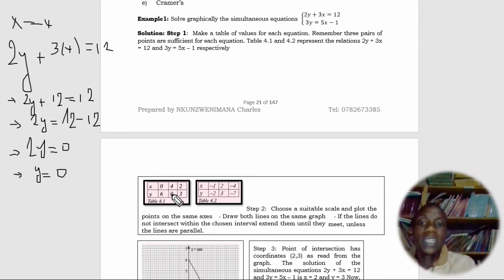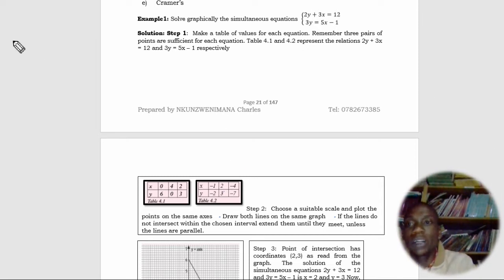Then we have to find the third value of x, because 3 points is sufficient, but now we have 2 pairs of point. We have to find the third one. Now let me take another value of x. Now if x equal 2, we have to find the value of y, where 2y plus 3x equal 12.